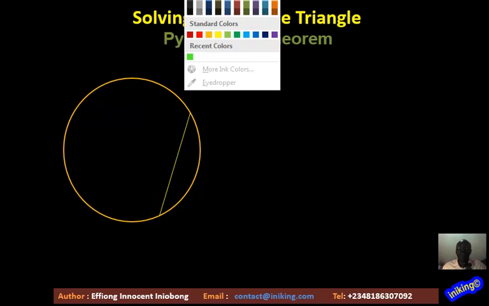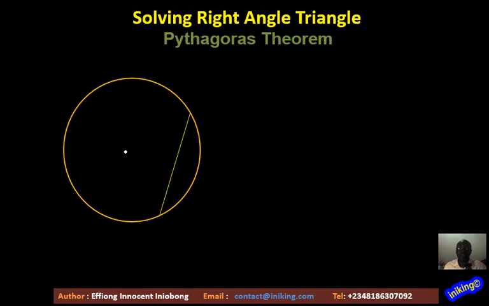Let me change the color of my marker to white. Let's say this is the center of the circle. If we have the center of the circle described there, we will then be looking at the perpendicular distance of that chord from the center of the circle. We are interested in the distance of the chord from the center of the circle.